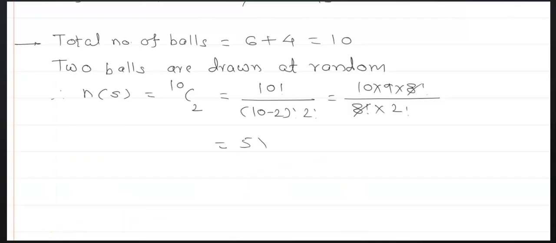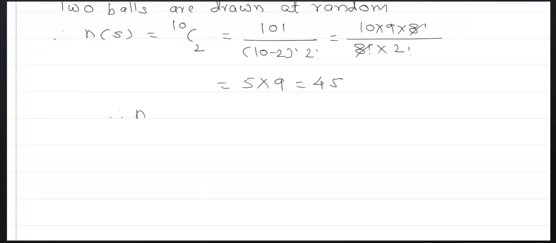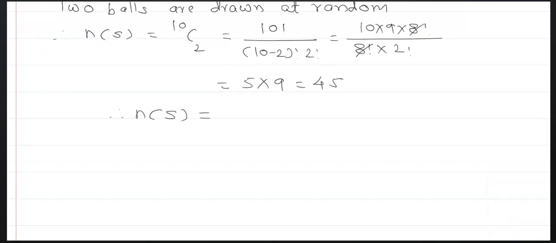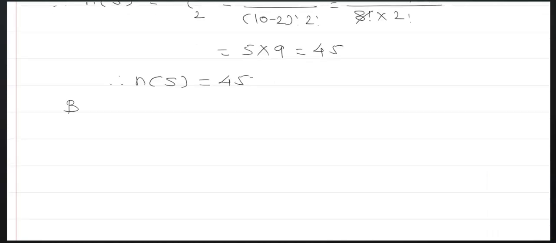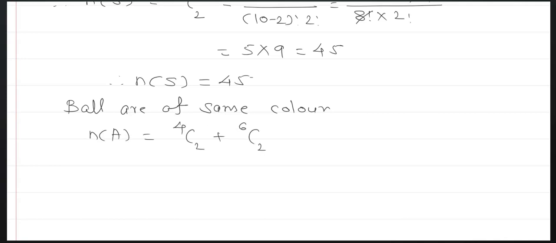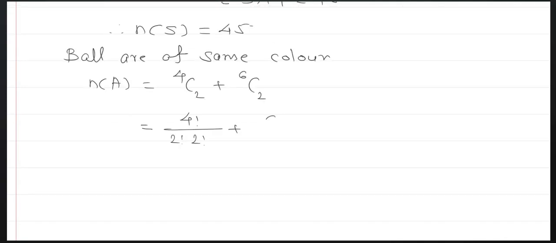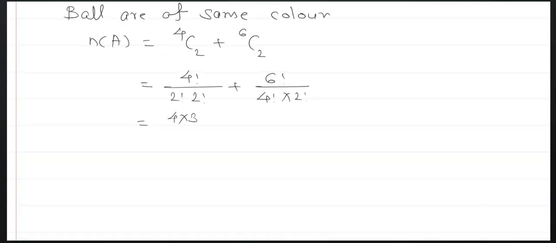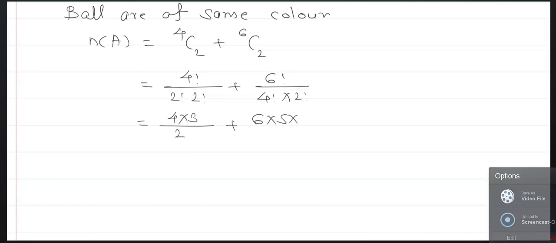And that value comes to 45. n of S is equal to 45. The balls are of the same color, that is n of A is equal to 4C2 plus 6C2. Therefore, 4 factorial upon 2 factorial into 2 factorial plus 6 factorial upon 4 factorial into 2 factorial.